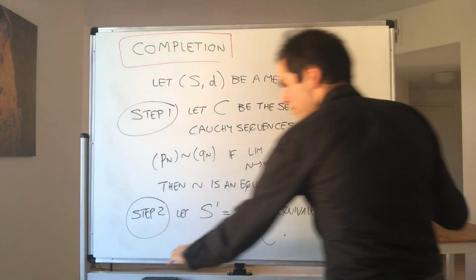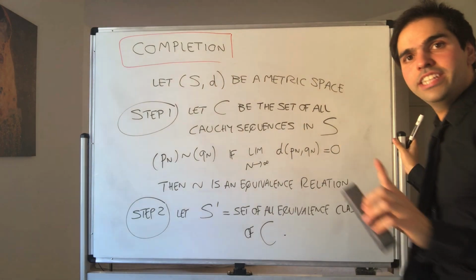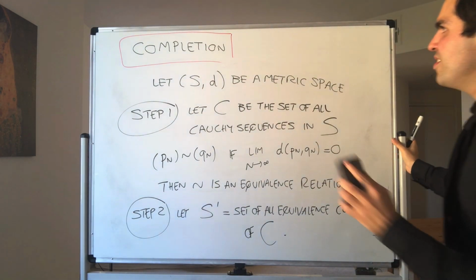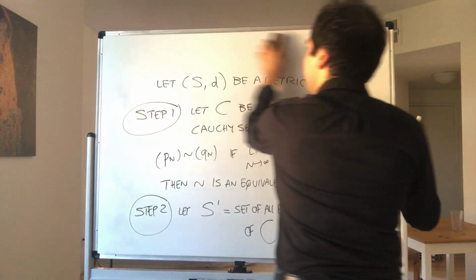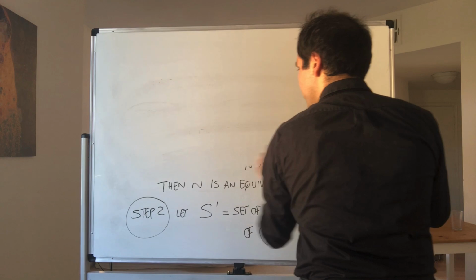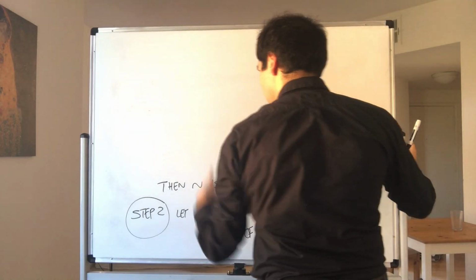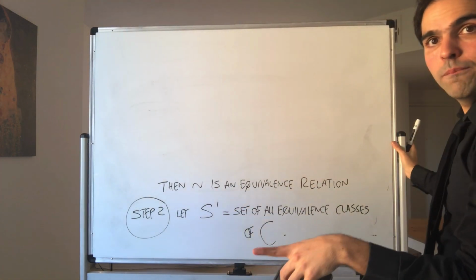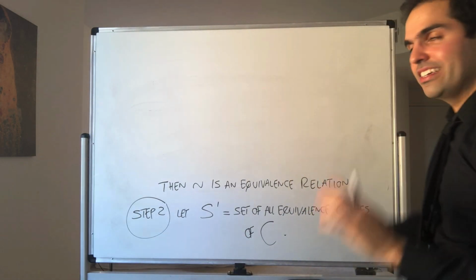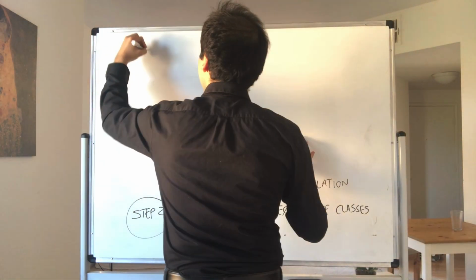And before I continue, we will prove a very useful lemma that we'll use over and over again. Because look, we got S prime, but we still need to find a metric on this. So just a quick lemma.